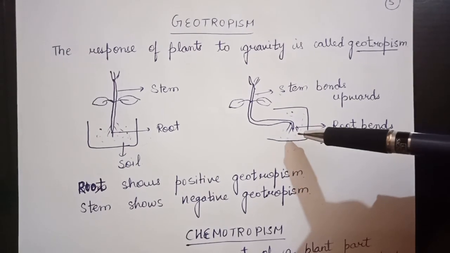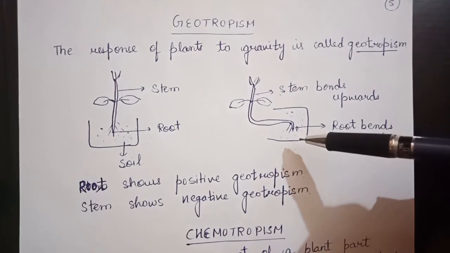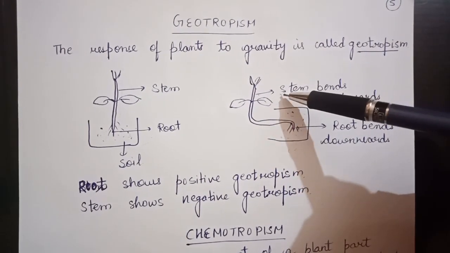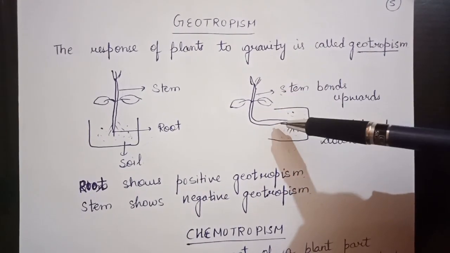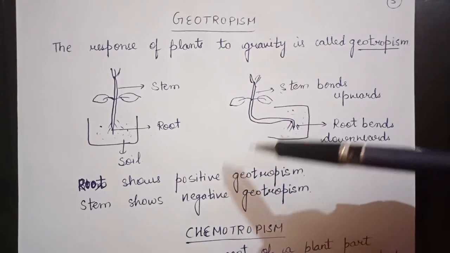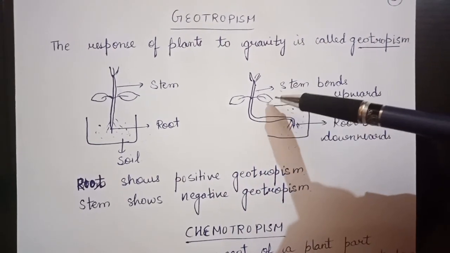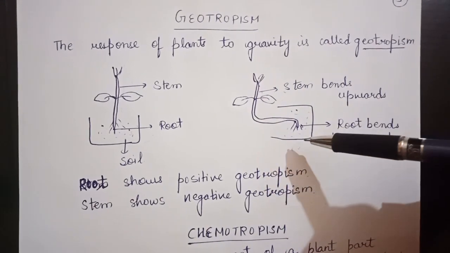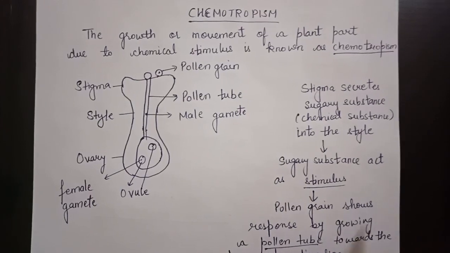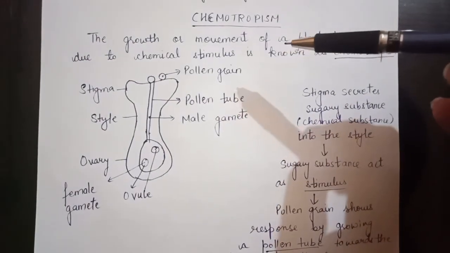Because the roots bend towards the pull of gravity, and the stem bends upward in the opposite direction of gravity. So that's why stems show negative geotropism, and roots show positive geotropism. Now next we will study chemotropism.